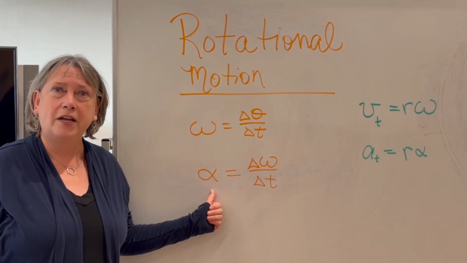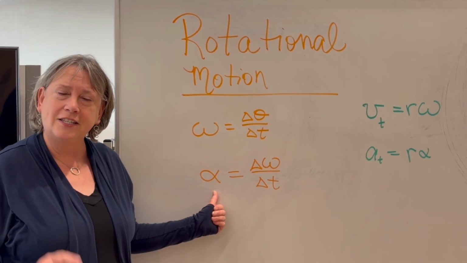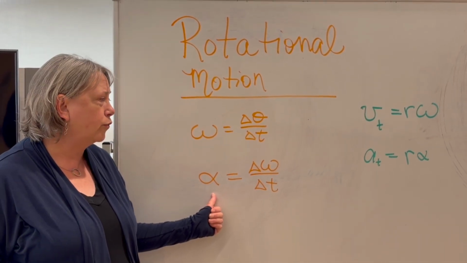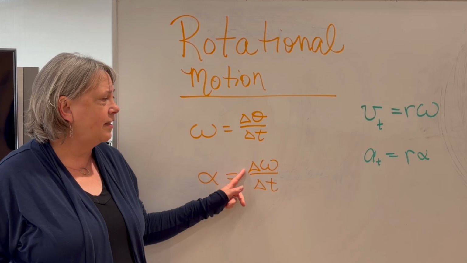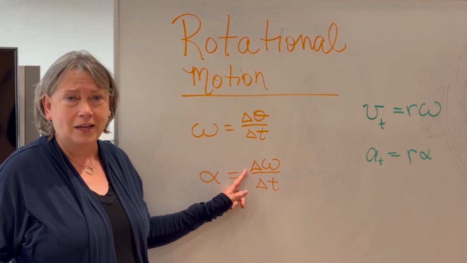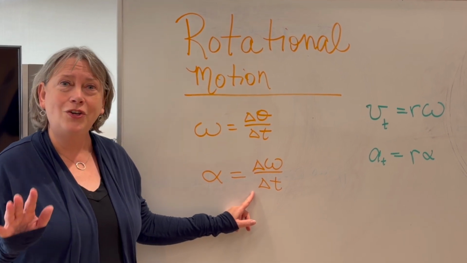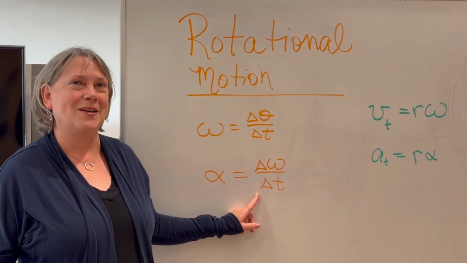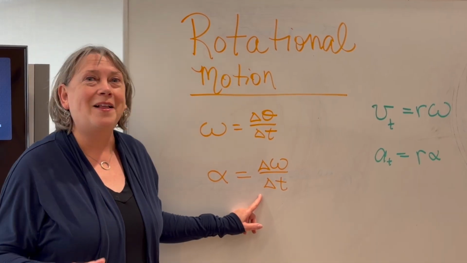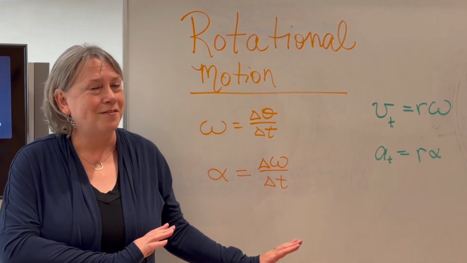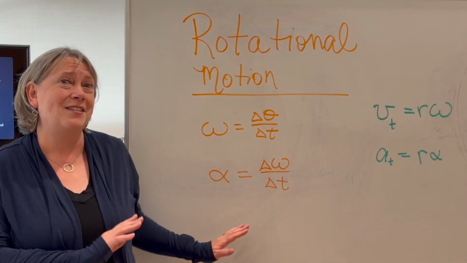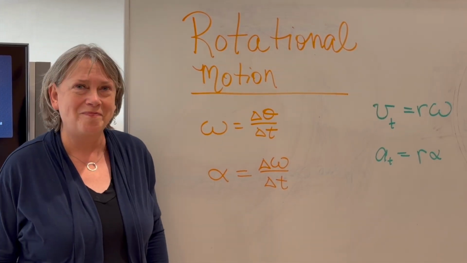So this is my unit for angular acceleration. It's a Greek lowercase letter alpha, and it is the change in angular speed divided by the change in time. So very similar, and good news, all those problem solving skills that you developed when we did linear values are going to apply to these problems as well.